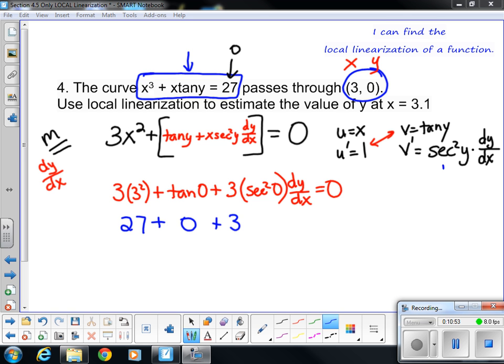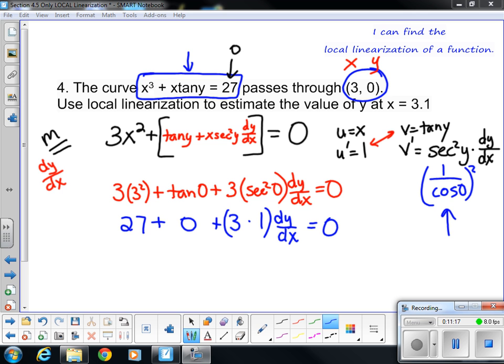Remember that secant is 1 over cosine of 0 squared. Cosine at 0 is a 1, therefore secant squared at 0 is 1. All right, so you should know that secant squared equals 1 over cosine of 0 squared. Okay, so know that. All right, times dy dx equals 0.